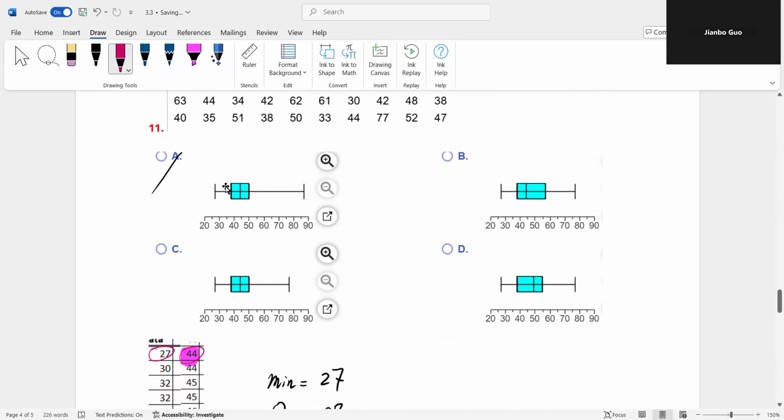So definitely A is out. For sure, apply the method of elimination when the problem is a multiple choice question. Then we look at the other 3 graphs. The maximum seems the same, and the minimum also seems the same, so we don't have anything to cross out.